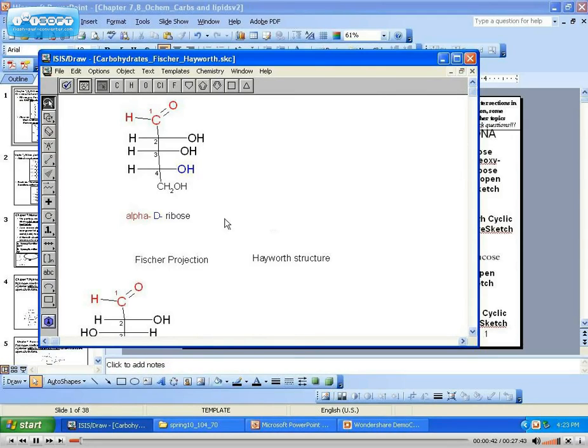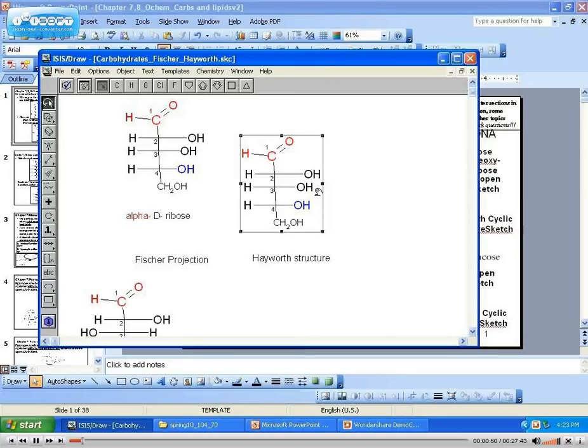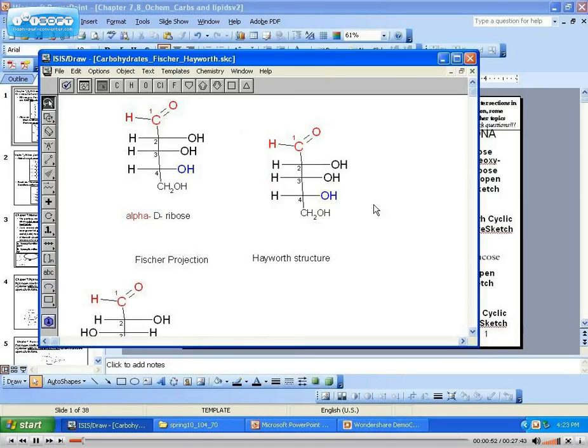If I were to make an L-ribose, for example, then it would look like this. The only difference is the mirror image for an L-ribose.